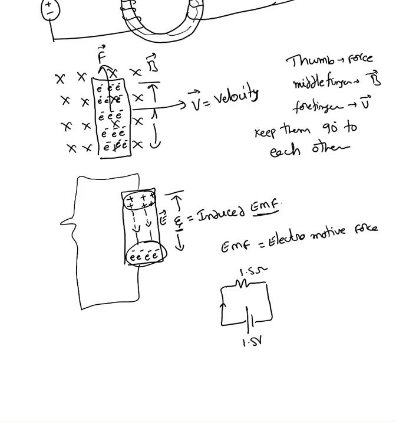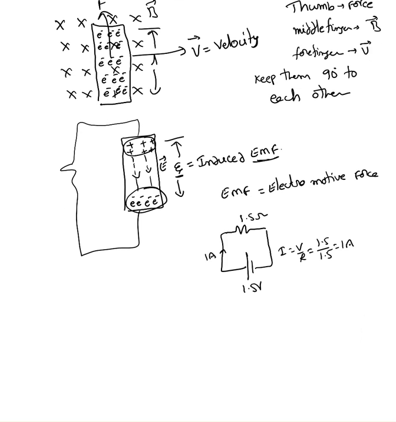Now there should be 1 ampere of current passing through this. I equals V over R, 1.5 by 1.5, which is 1 ampere. But in reality that current is going to be a little less than 1 ampere.